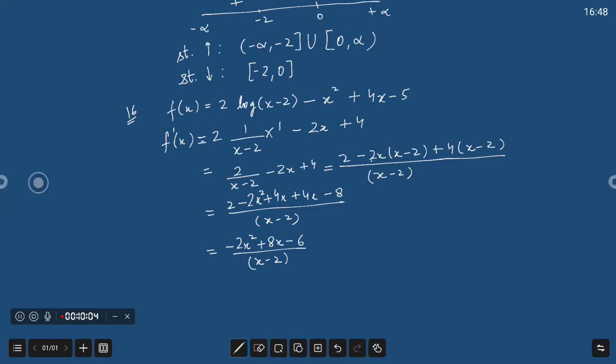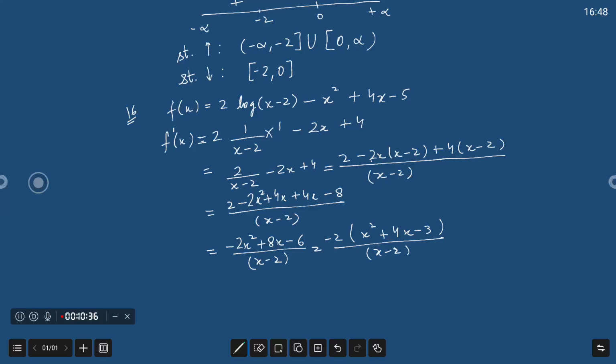Now you need to convert this denominator into a perfect square so that you don't have to bother about it. Before that, let's factorize the numerator. In the numerator, can you see any common factor? Minus 2. So you take minus 2 out. What is left out is x squared plus 4x minus 3.